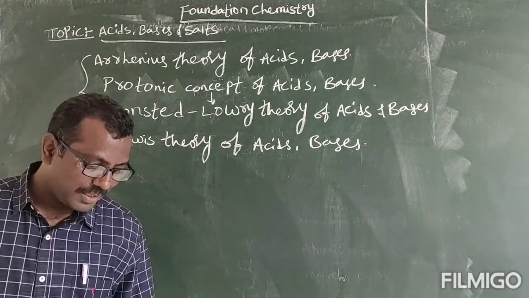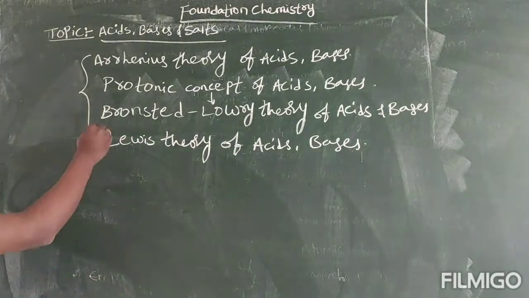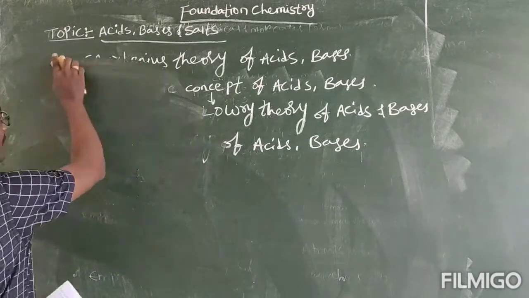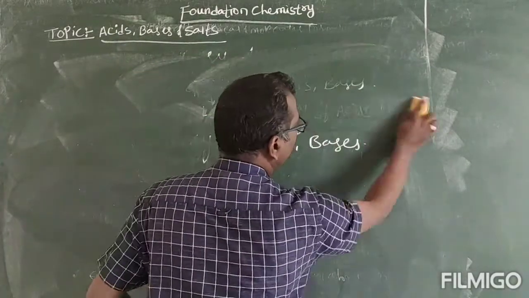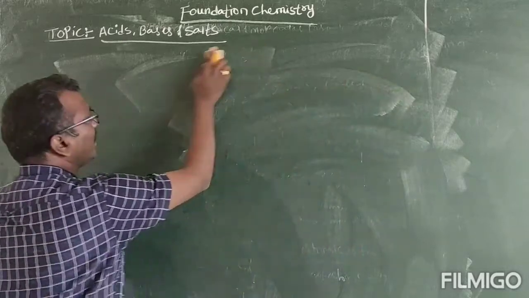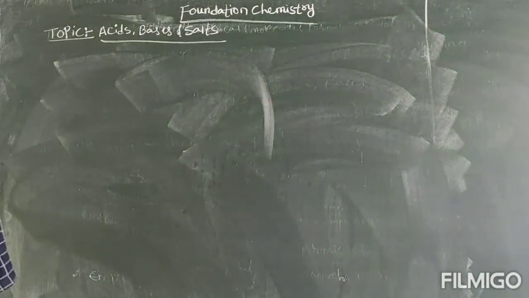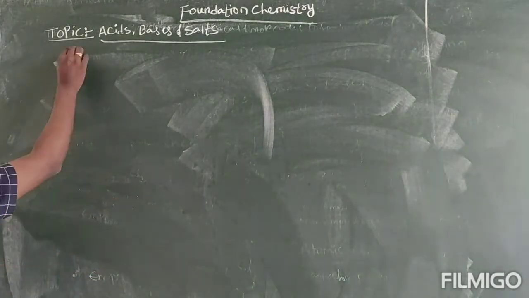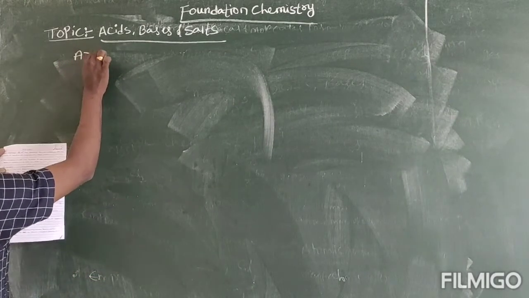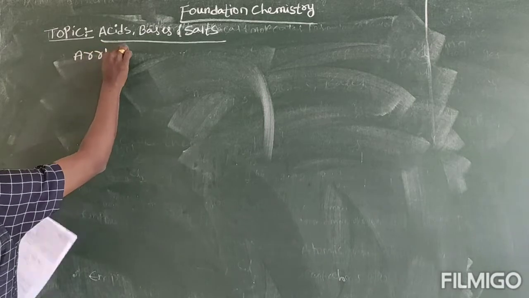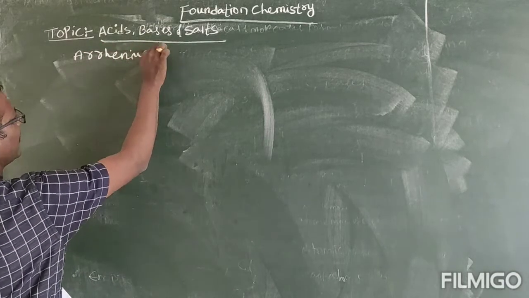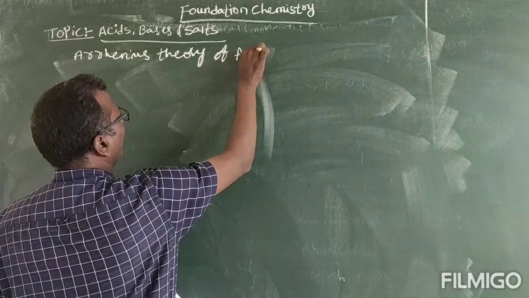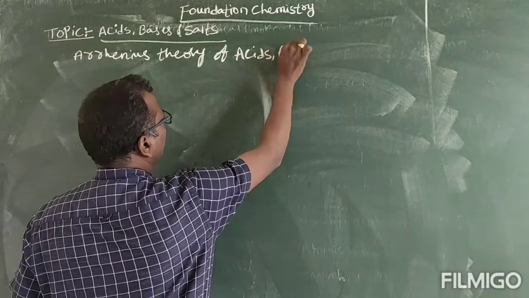Now first of all, we will go through the Arrhenius theory of acids and bases in this lecture. We will be discussing what is an acid, what is a base, and what is a neutralization reaction. All these terminologies fall under the Arrhenius theory of acids and bases.